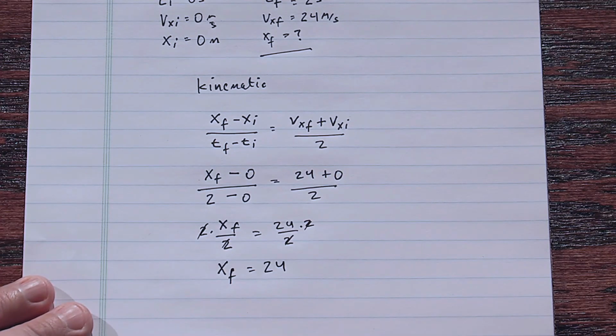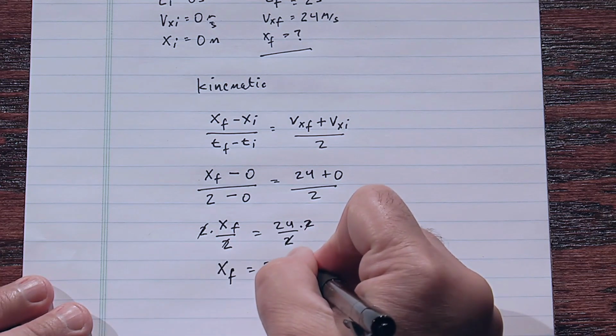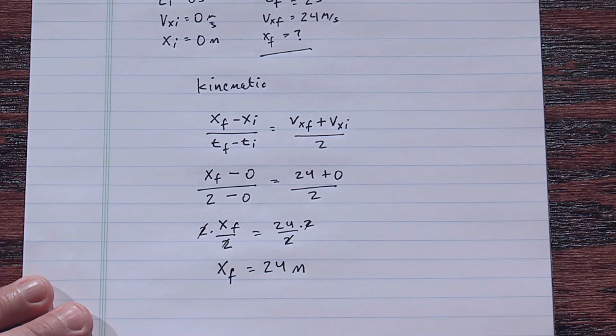And 24 what? 24 meters, because position in basic metric units is measured in meters. So we've answered the question. The cheetah, in the time that he accelerates from 0 to 24 meters per second in 2 seconds, travels 24 meters.